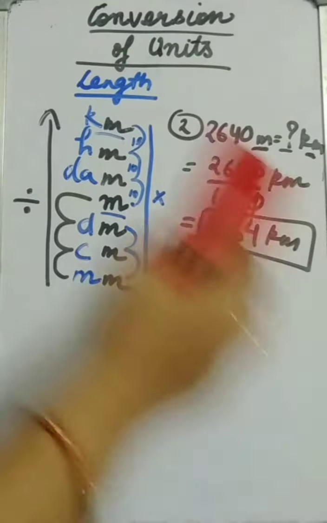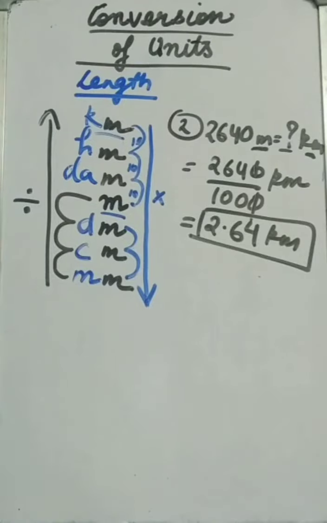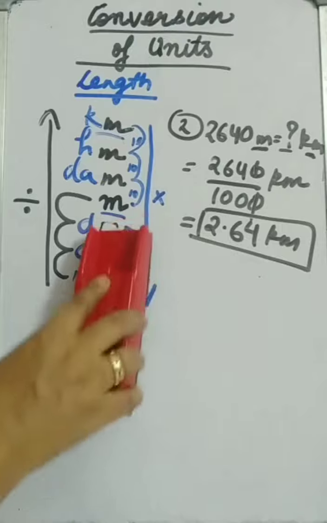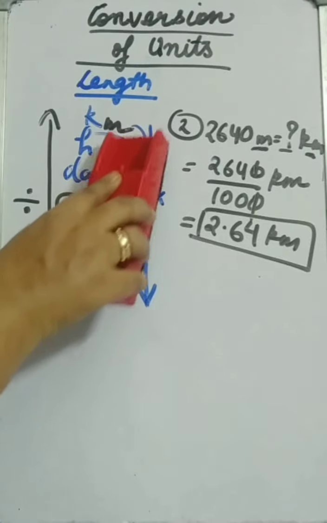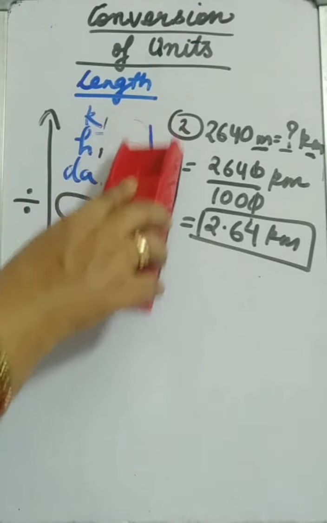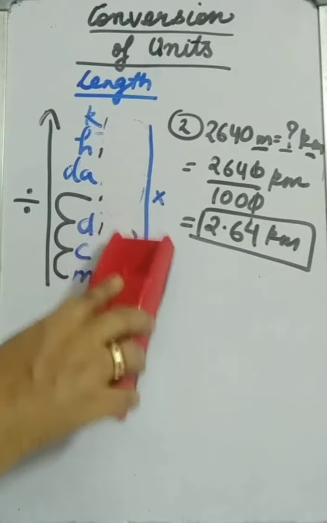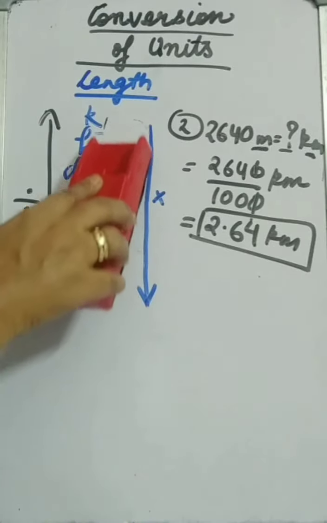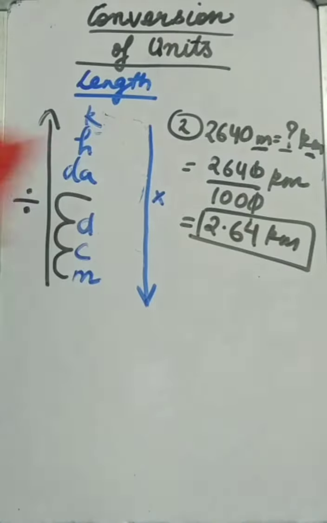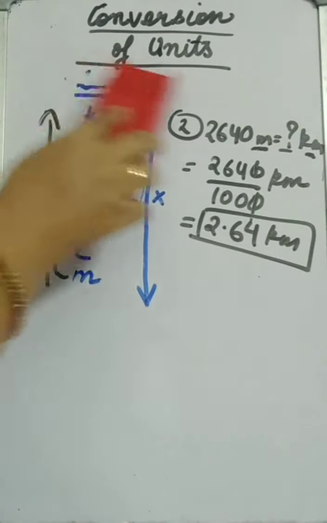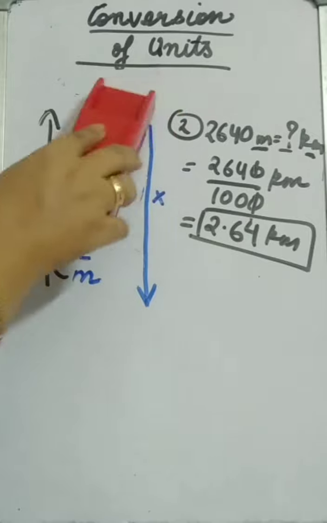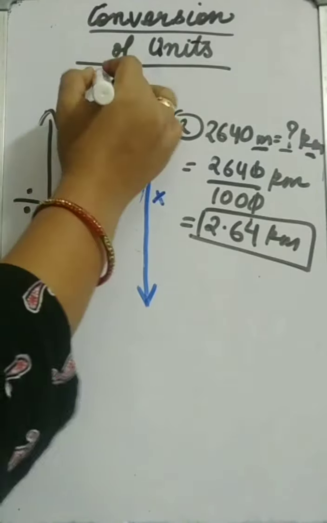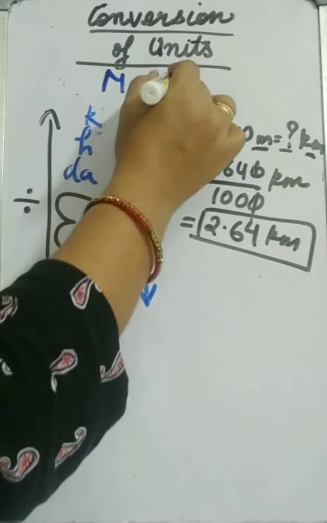This is when we have to convert length. In case it is mass, everywhere instead of M it is G. The whole process will remain the same. Nothing will change. Only instead of M, for mass, what do we have? Think about it till I am writing.